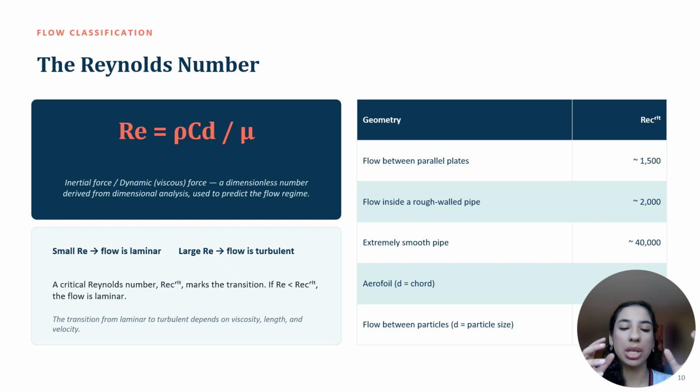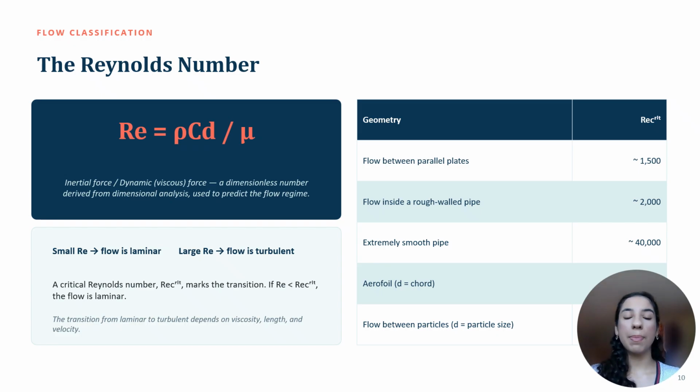So we have the critical Reynolds number, where we know the transition from laminar to turbulent is. If the Reynolds number of a fluid is smaller than the critical Reynolds number, then the flow is laminar. However, if it's larger, then the flow is turbulent.